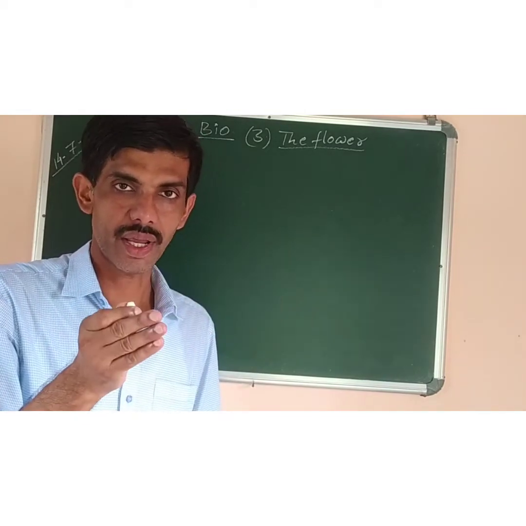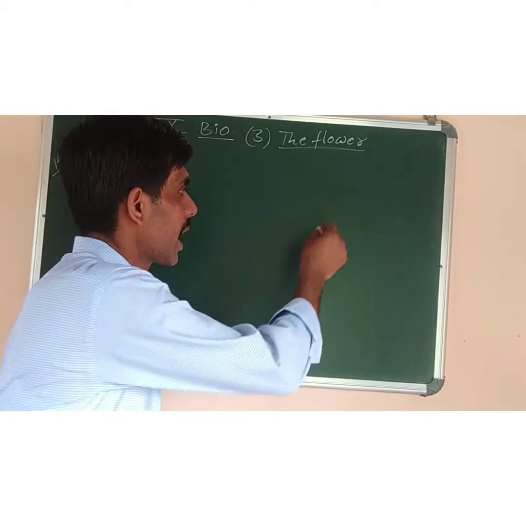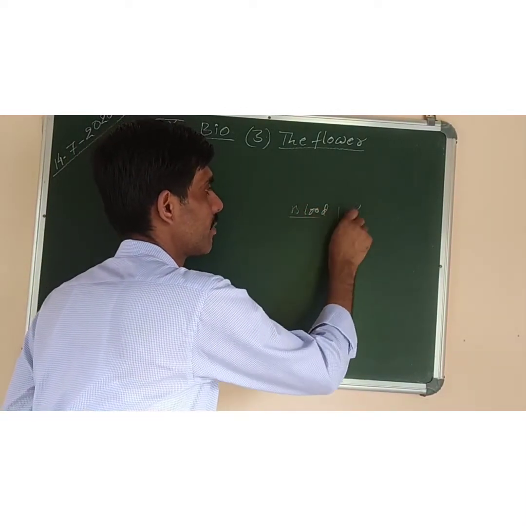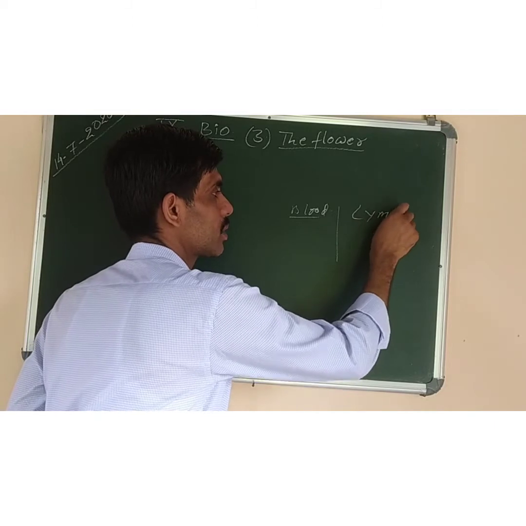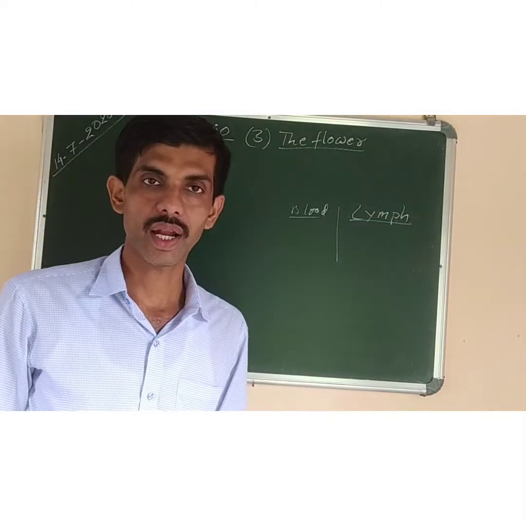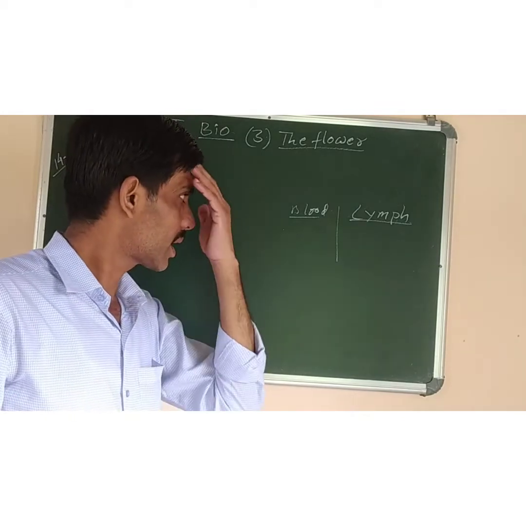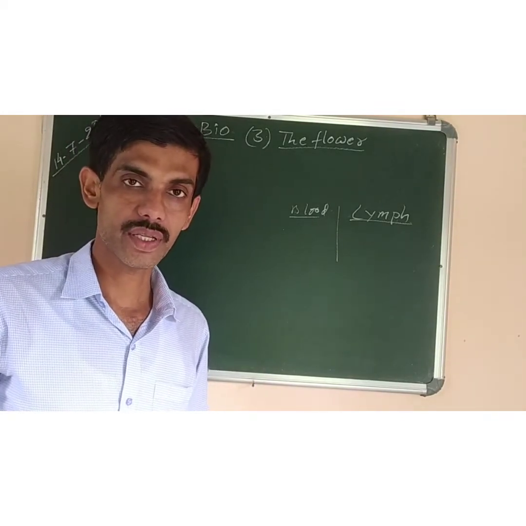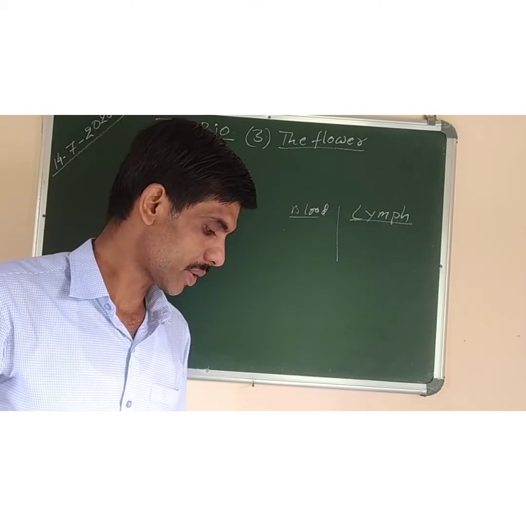Tabular differences you write, like blood to the left side and lymph to the right side. Blood and lymph in this way, okay? At least 2-3 points you can write. Blood is red in color, lymph is colorless. Then blood contains the blood corpuscles, lymph does not contain the blood corpuscles, okay? Like this, at least 2-3 points you can write.